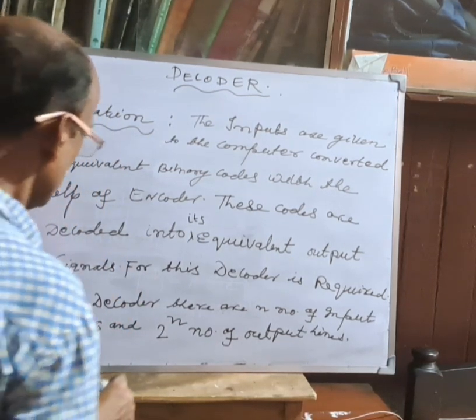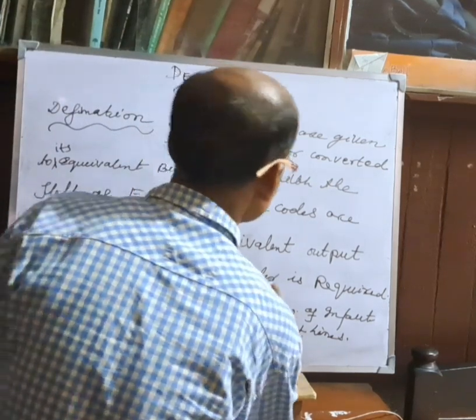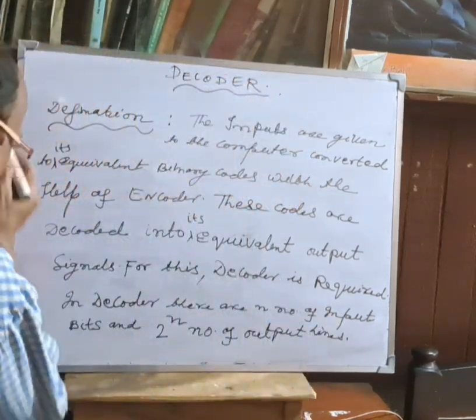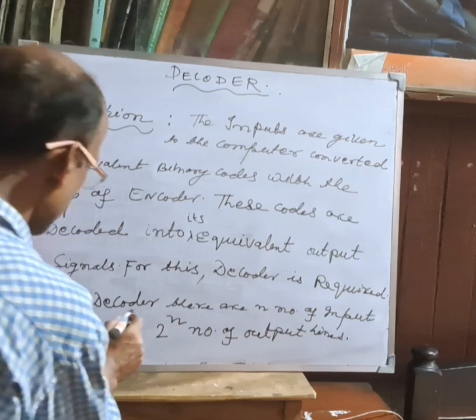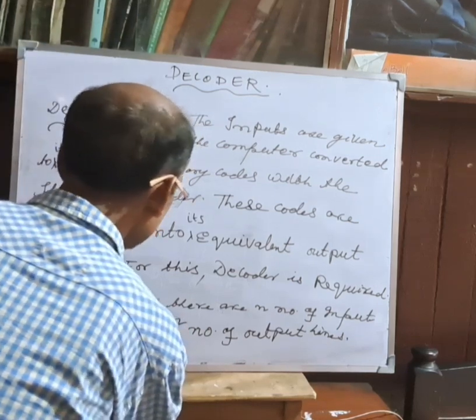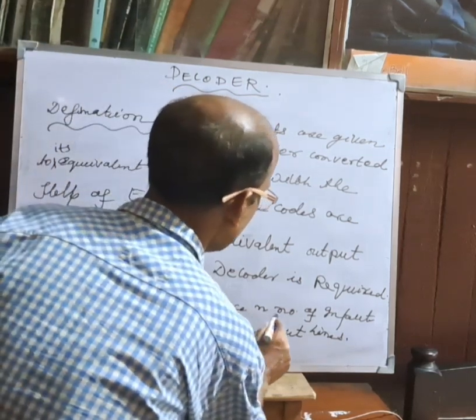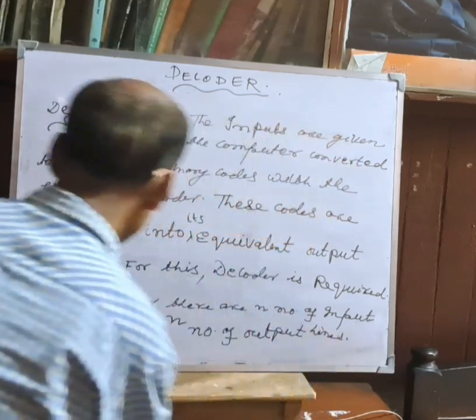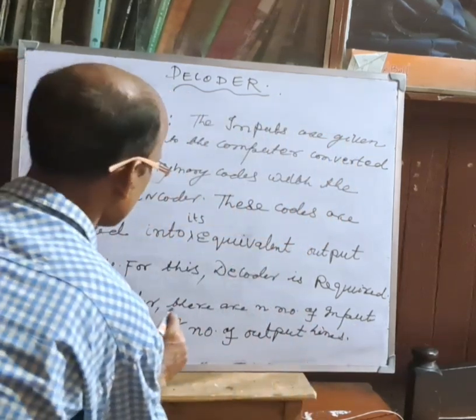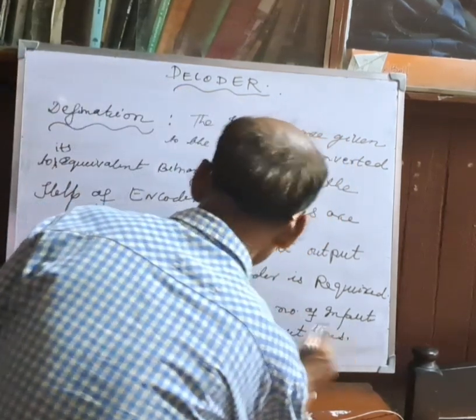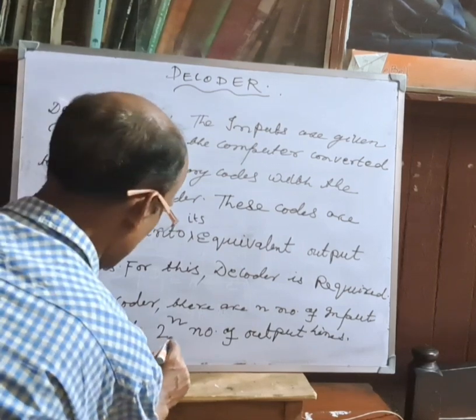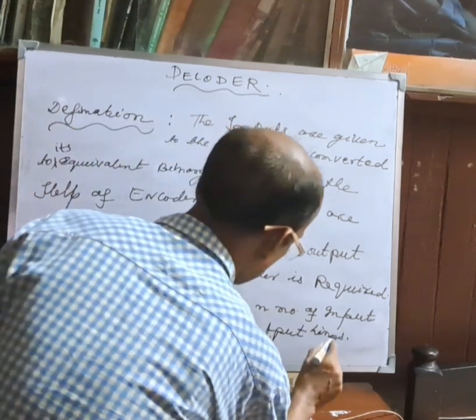For this decoder is required. In decoder there are n number of input bits and 2 to the power n number of output lines.